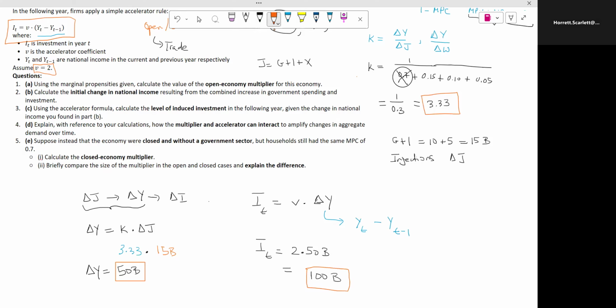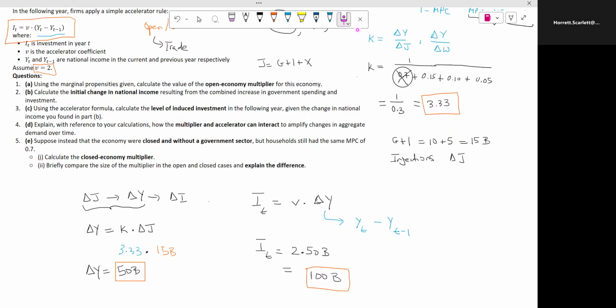In other words, let's just give some context. So we are saying here that the initial investment was $5 billion. That was the initial investment.